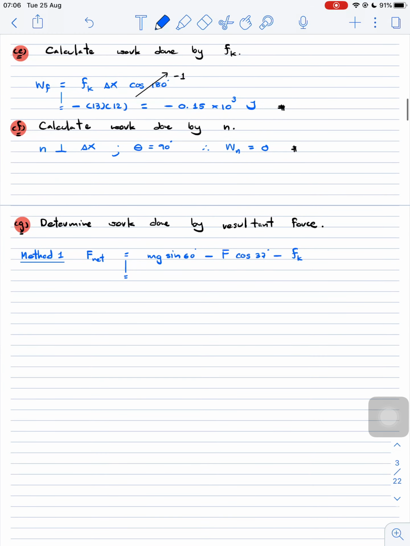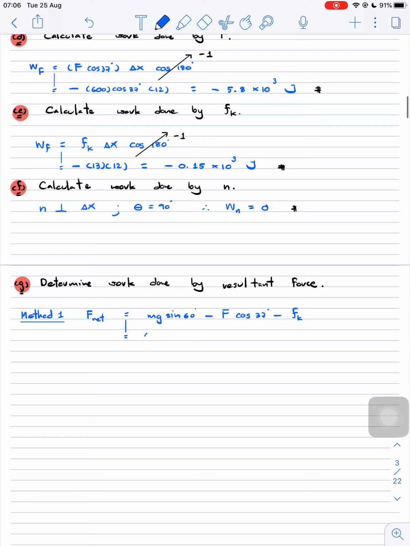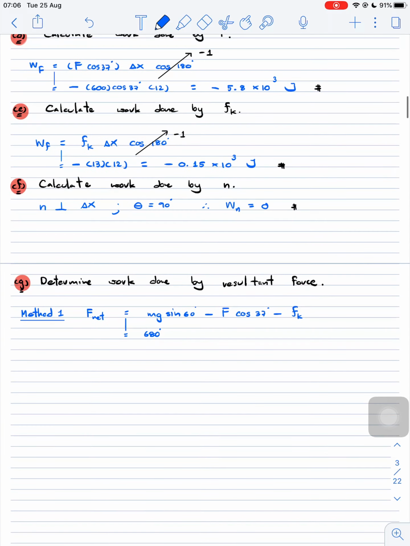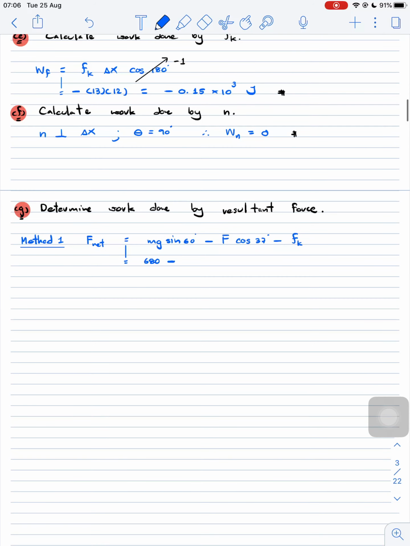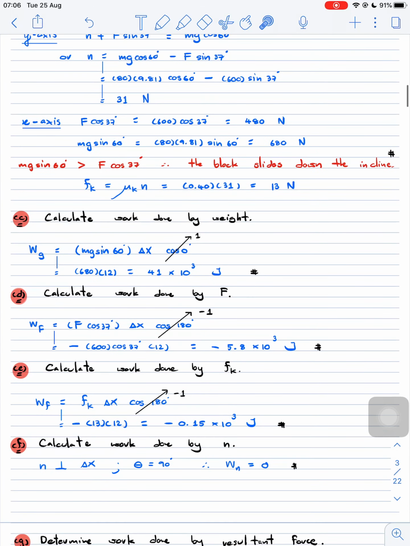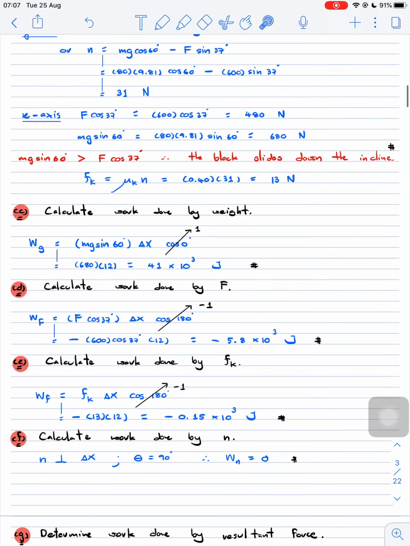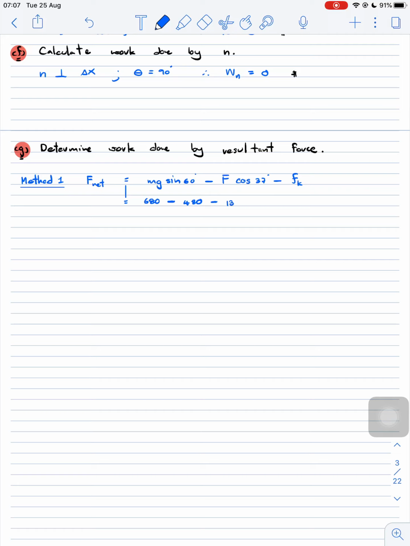Equal to mg sine 60, equal to 680 Newton, and then minus F cosine 37, and then minus fk, which is 13 Newton.